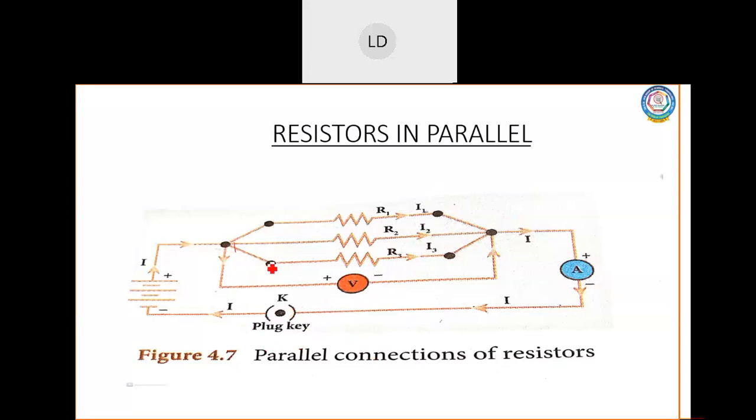Now here the current is distributed among these three resistors, and we will find out what is the effective value of resistance in such type of connections. So to start with, again I will use Ohm's law.